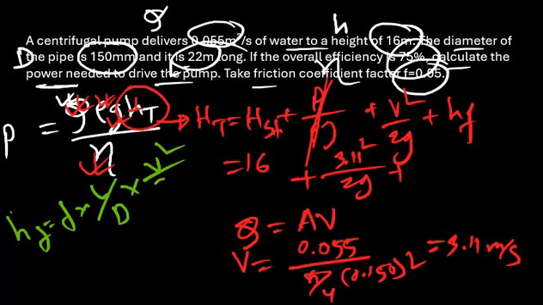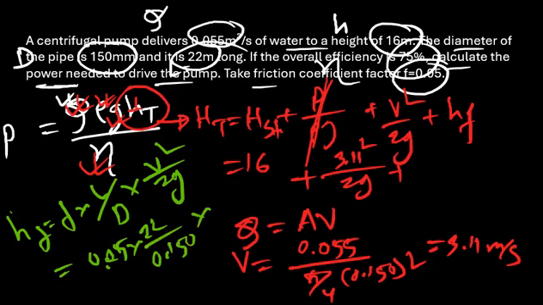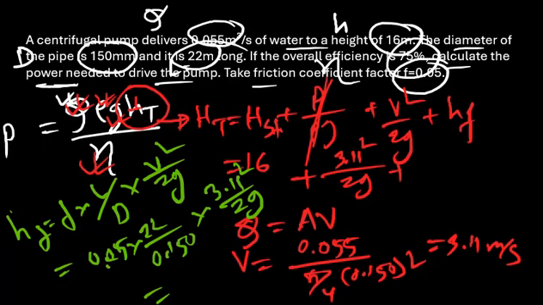The coefficient F we know is 0.05, and L is 22, diameter 0.15, and velocity 3.11 squared divided by 2G. After calculating, we get 3.62 meters. Put that in, and then we'll get the total HT.